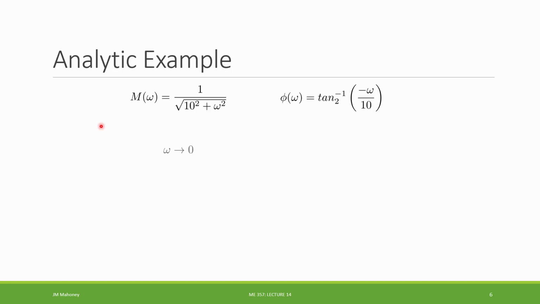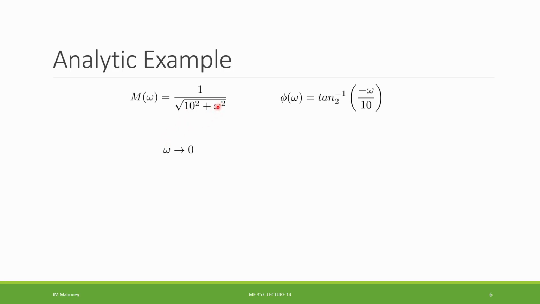So let's see what happens in the case where our input has a low frequency. That is to say that omega is very small, it's approaching 0. What's going to happen to these values? If we look at the magnitude here, as omega approaches 0, we can really just put in the 0 here for omega. That's fine. We're not dividing by 0. We don't have 0 over 0. So the limit is going to be easy enough to apply here.